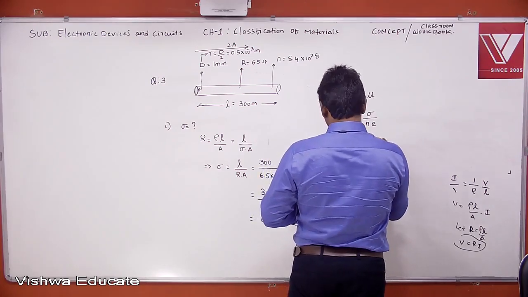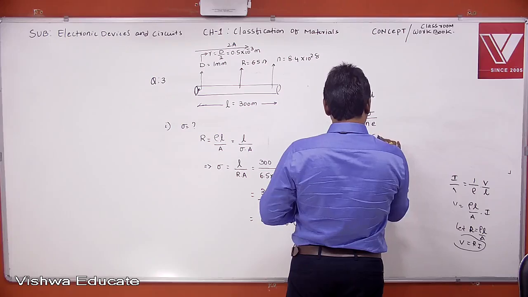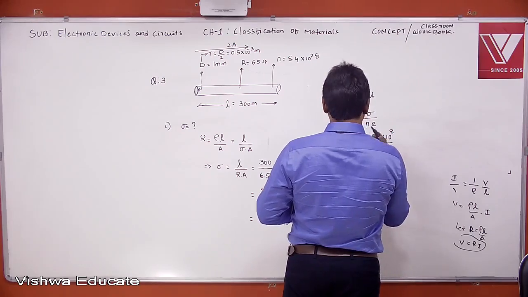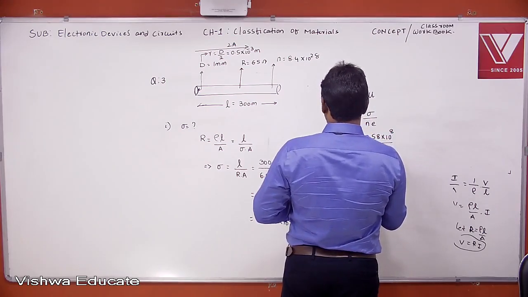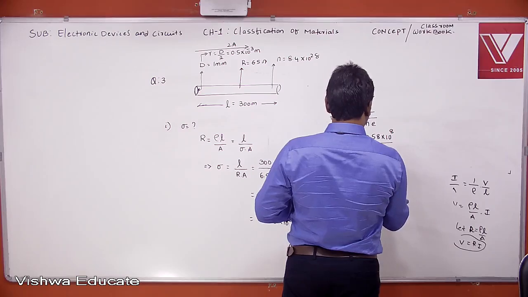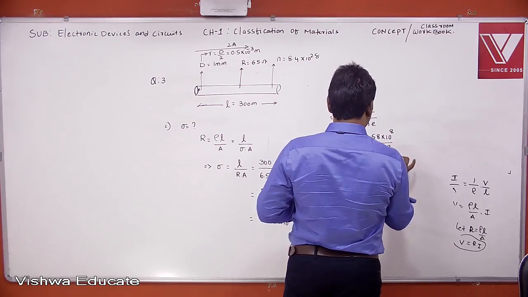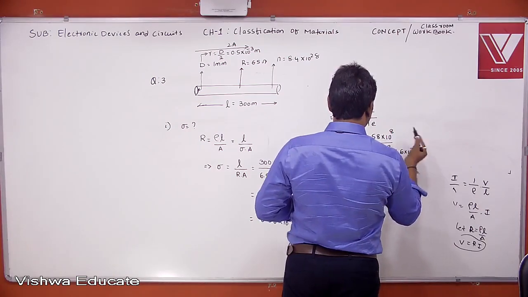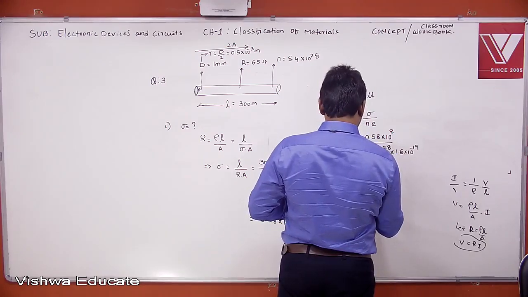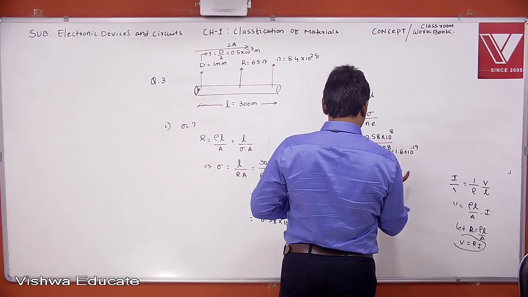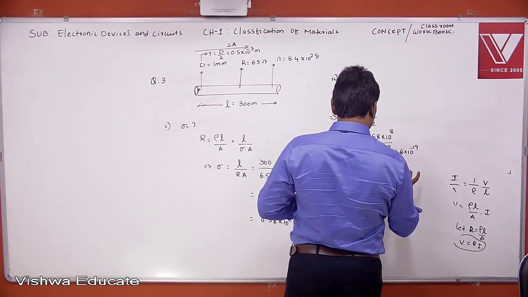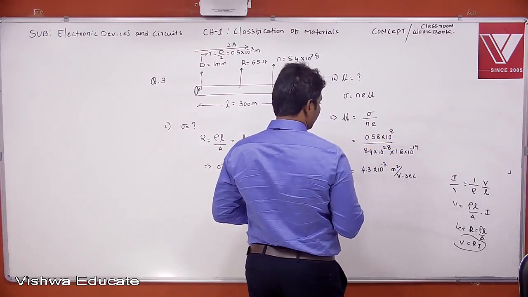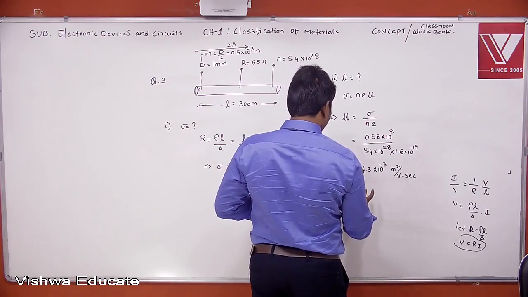Sigma value is 0.58 into 10 to the power of 8, divided by free electron concentration 8.4 into 10 to the power of 28 into charge of electron 1.6 into 10 power minus 19. Then what is the mobility value here? 4.3 into 10 to the power of minus 3 units meter square per volt second. This is the mobility. And the third bit, drift velocity.